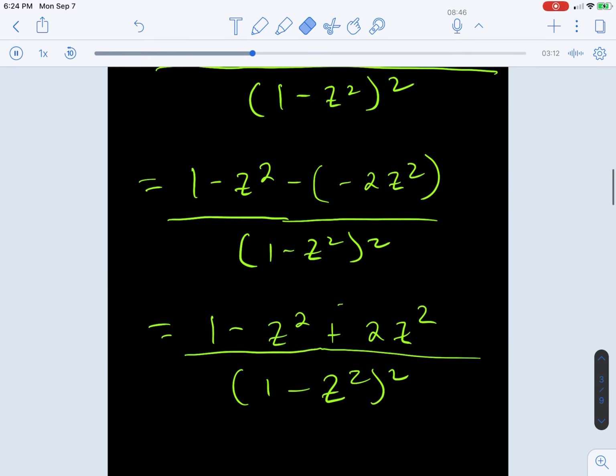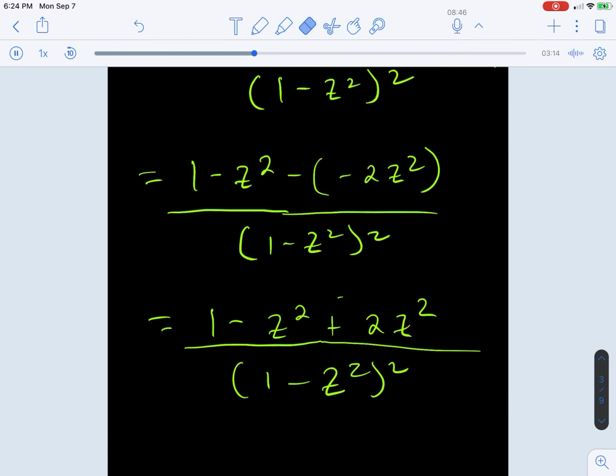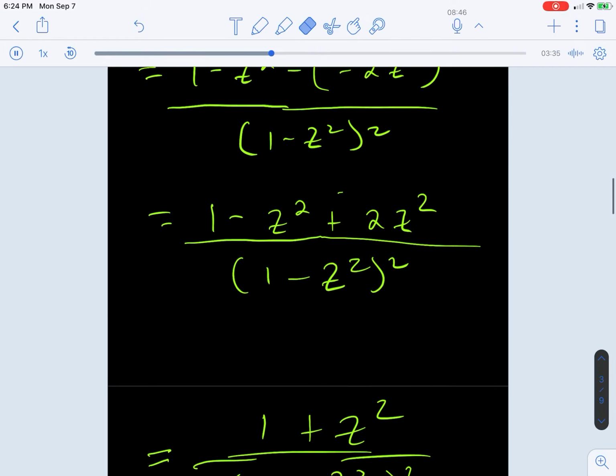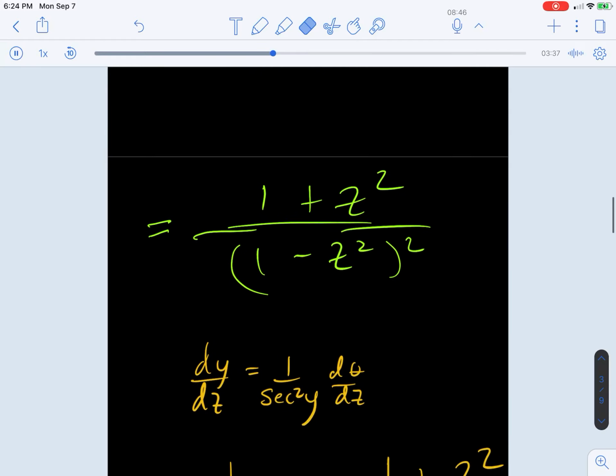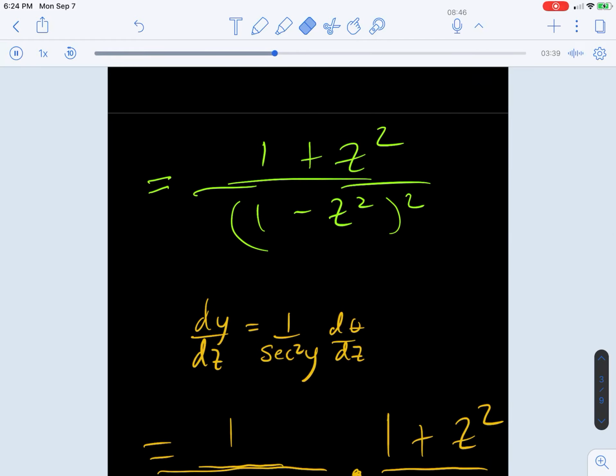Using the quotient rule, and remembering that after the minus sign in the numerator, I put a bracket in there to keep all my variables together and keep my work organized. Using algebra, I simplify down to 1 plus z squared divided by (1 minus z squared) to the power of 2.